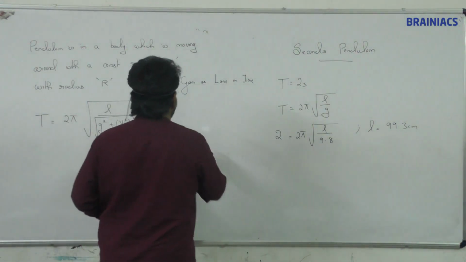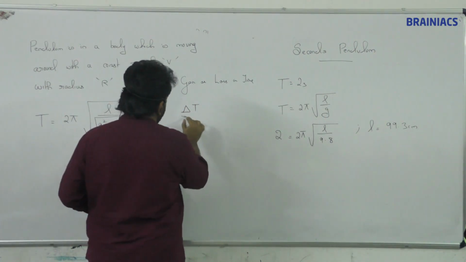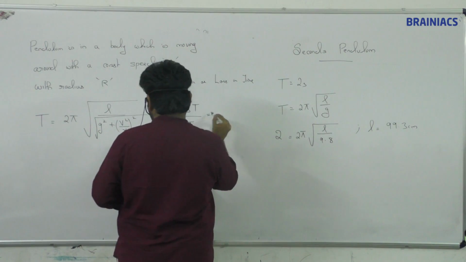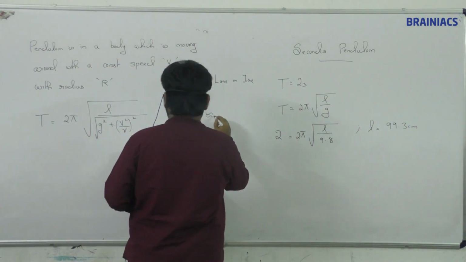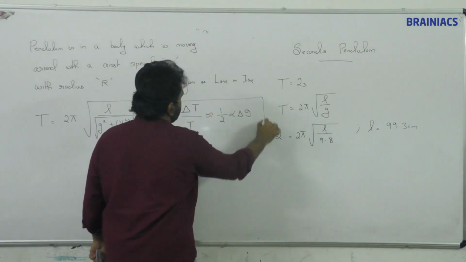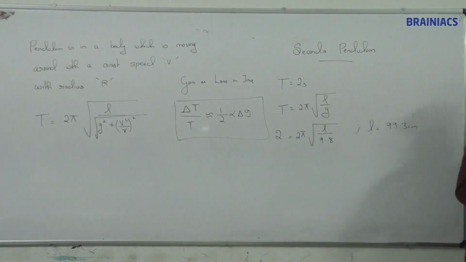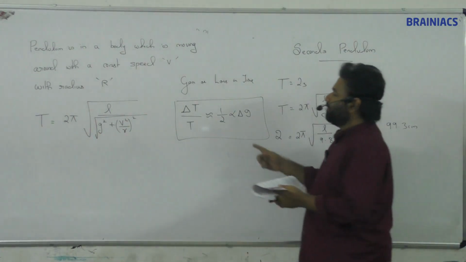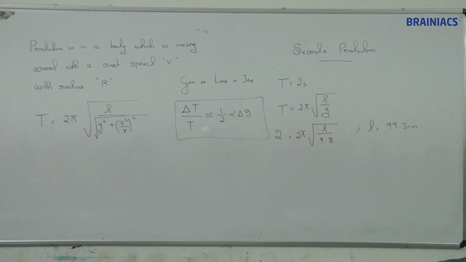In that you can write this also: the change in time period to the original time period is approximately 1 by 2 alpha delta theta. Mark this also. In detail we will discuss this in thermal properties also. For the time being, you can take this. Change in time by original time is equal to 1 by 2 alpha delta theta.